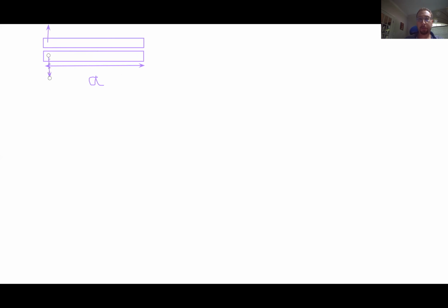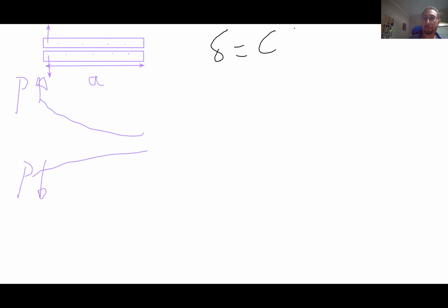As a result of these two forces, I'm going to show each beam based on the center line of the beam. The beams will deform like this. And here there's P and there is P. As we said earlier, in this case you can easily show that delta is equal to C times P. This is the definition of compliance.